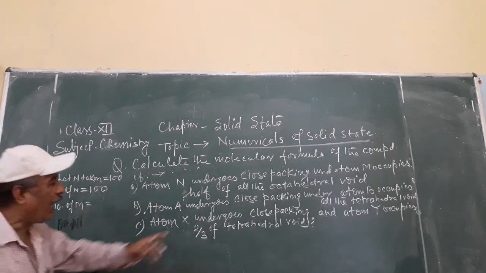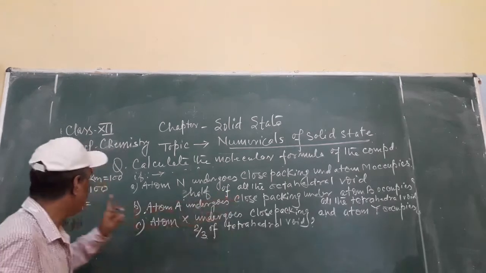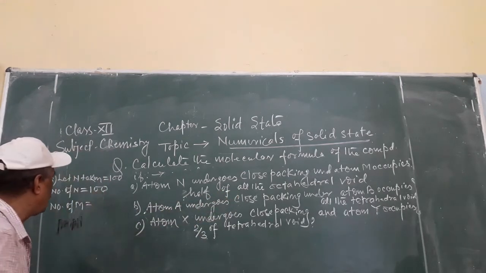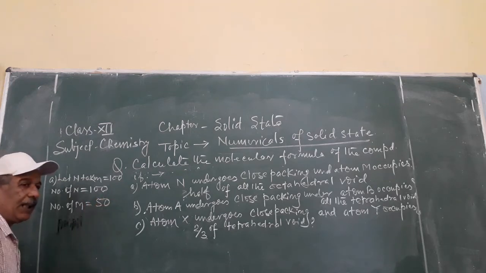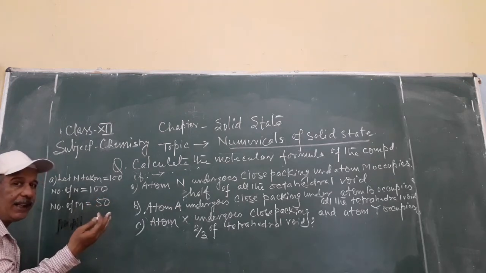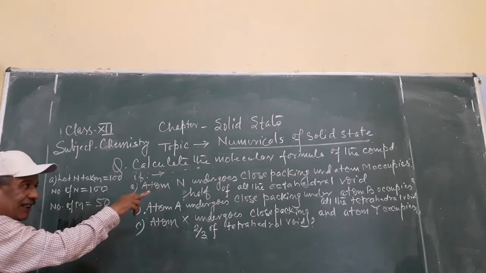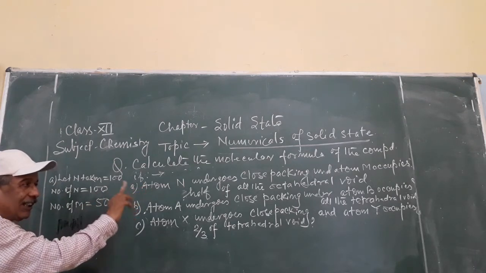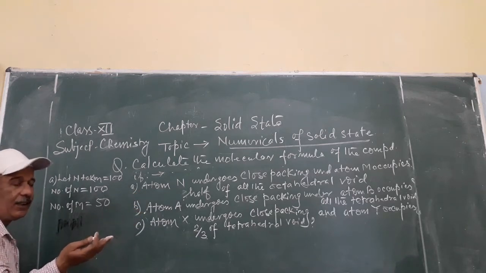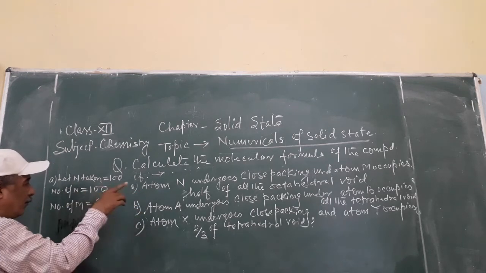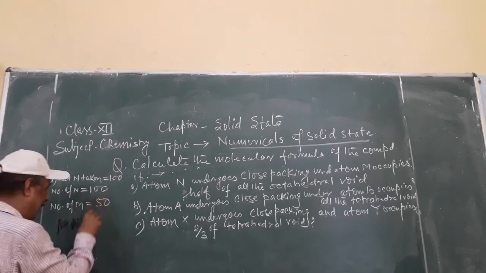Here half of the octahedral void is occupied, which means out of 100, 50 is occupied and the remaining 50 are vacant. The number of tetrahedral voids is 200, and all are vacant. So in this compound, M is 50 and N is 100.